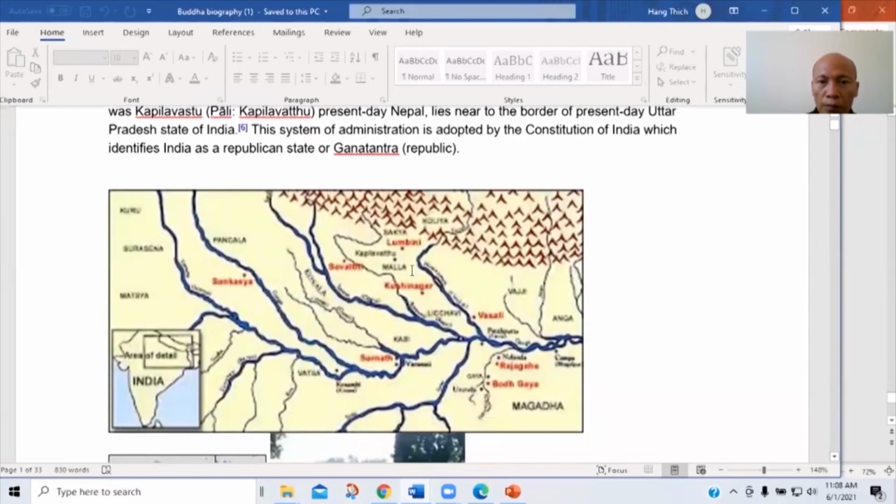You see here Kapilavastu, in the northern part of India, and this part, Lumbini, where the Buddha was born, now belongs to Nepal.